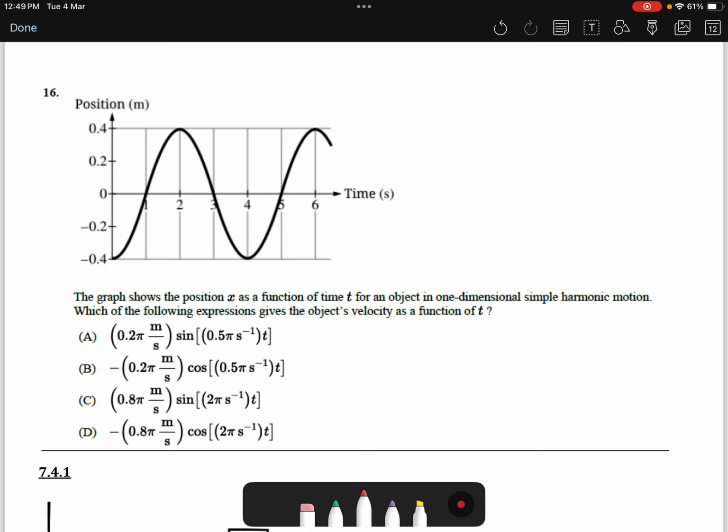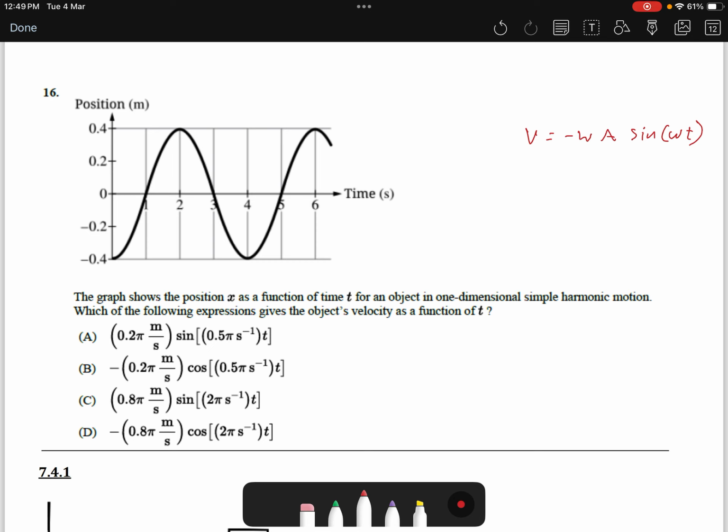As function of time, we know that the velocity is v equals negative omega A times sine omega t. This is the main formula we have.